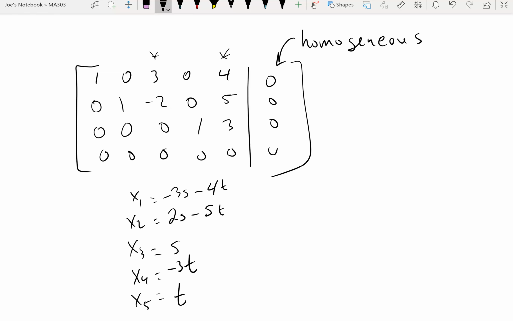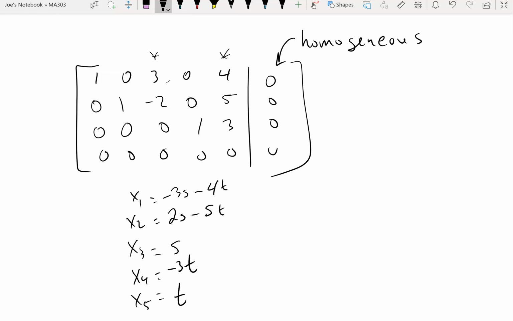Go ahead, Megan. So each row has the same variable? Right, because remember, these are representing the coefficients for x1, x2, x3, x4, x5.